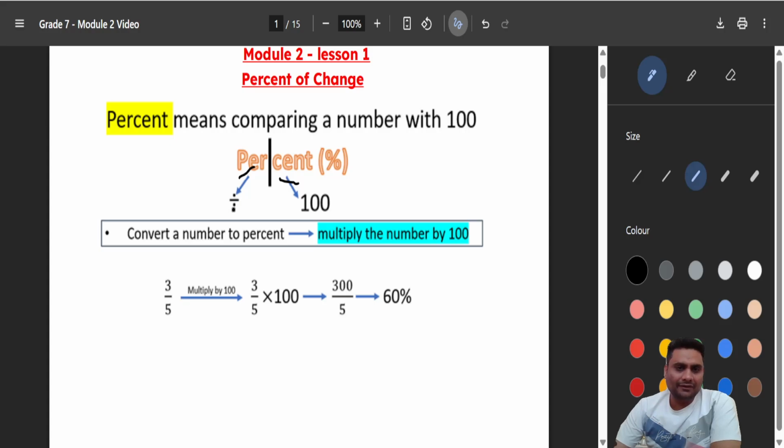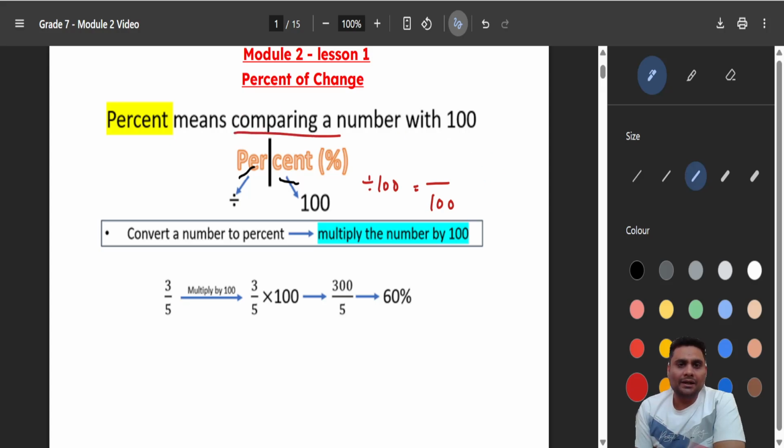Per means divide, and cent means 100. So percent means divided by 100, which means comparing a number by 100.